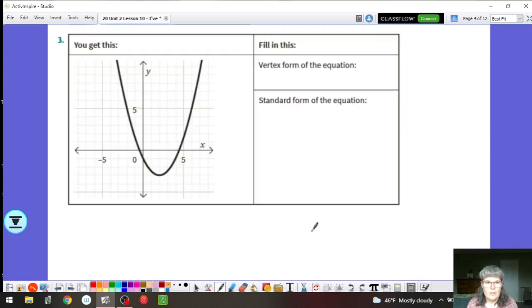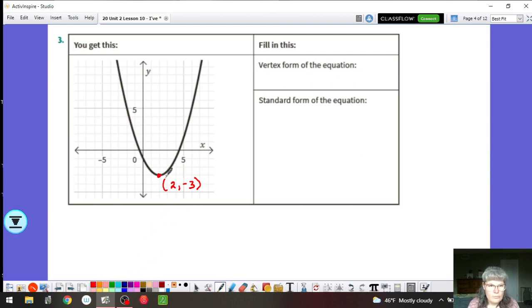In our next example, we are given the graph and we're writing the equation in vertex form. So I'm going to identify the vertex by looking at the graph. My vertex is at the point 2, -3. I'm also going to look at how I go from my vertex to another point on my graph by thinking of my anchor values.